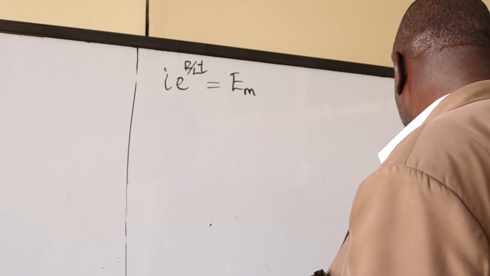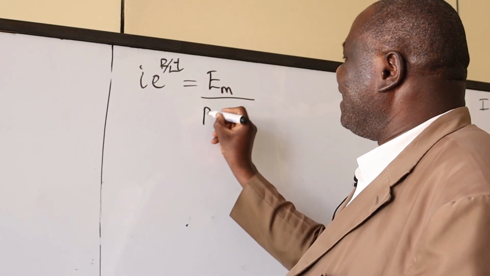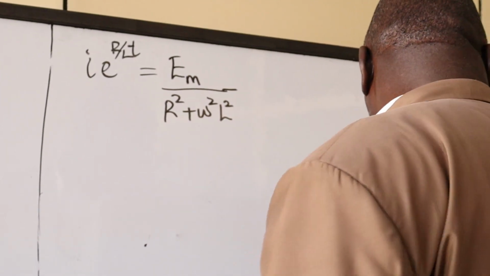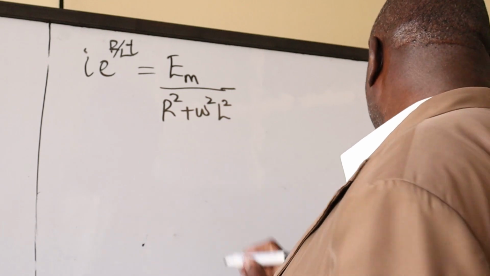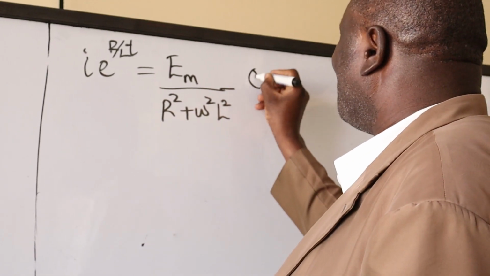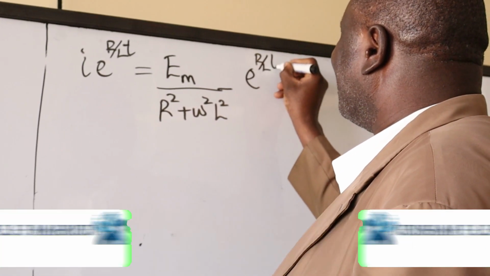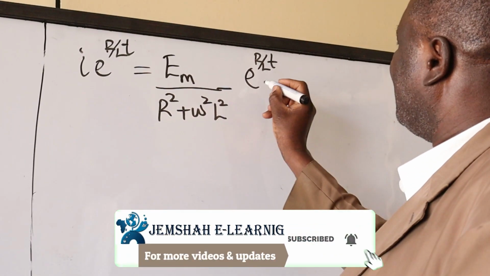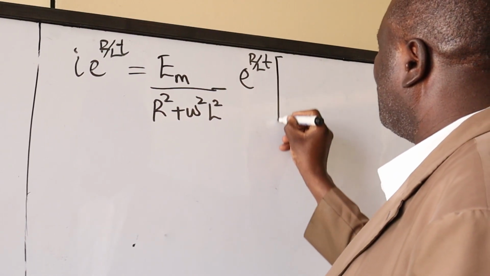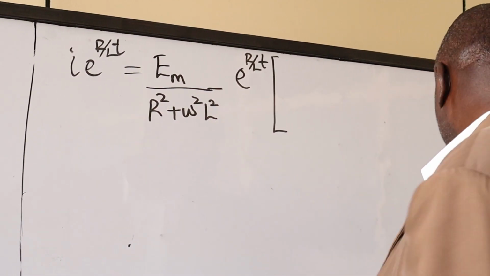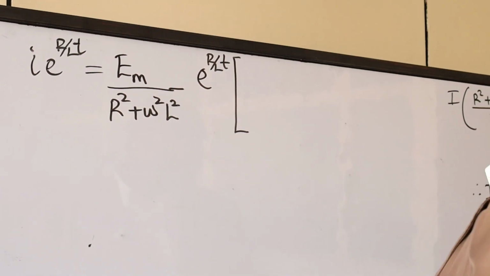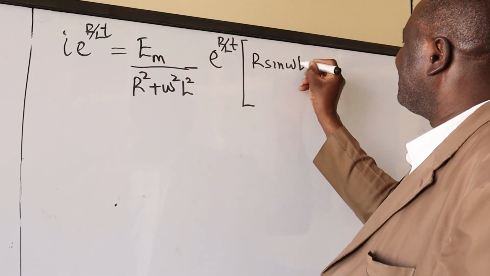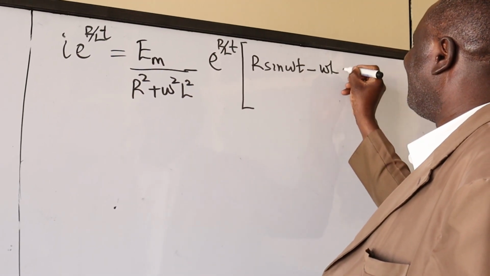Em all over R squared plus omega squared L squared. Now this one multiplying exponential R over L t into R sine omega t minus omega L cos omega t.